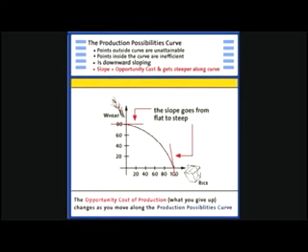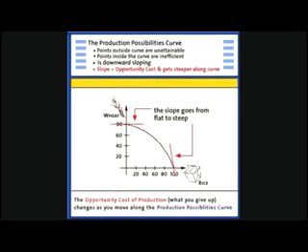Those include dry land. They also include workers who know a lot about wheat production, fertilizers that are good for wheat, and so forth. When an economy has a scarce, strictly limited quantity of resources, some of them will be very well suited to the production of one good. Others will be better suited to the production of the other good.